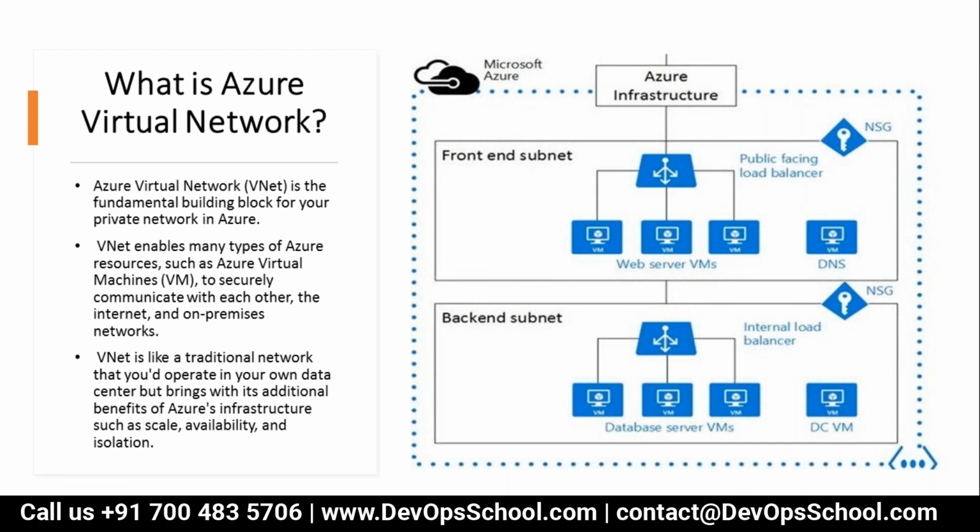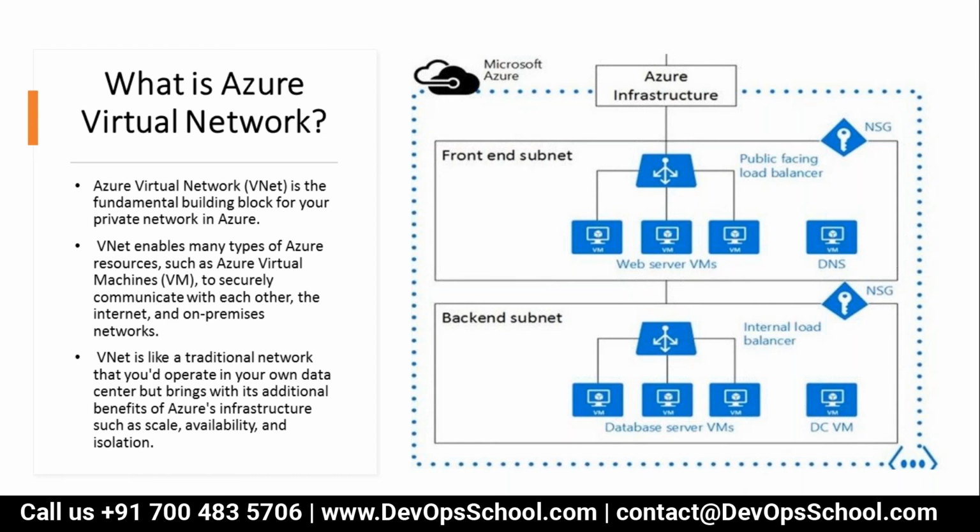Correct. So basically the network gives us the flexibility to communicate from one system to another system, right? In basic terminology. Now I'm asking, what is a cloud network? That is what VNet, virtual network, is.